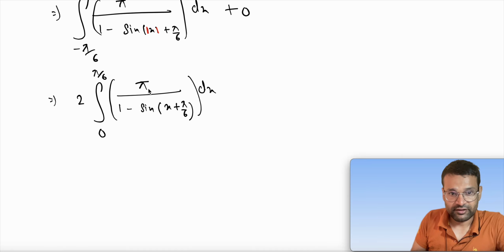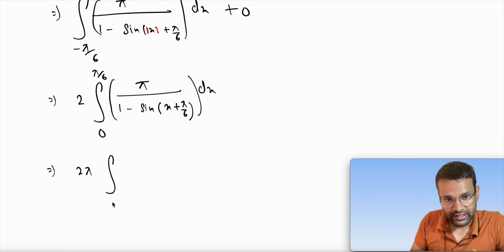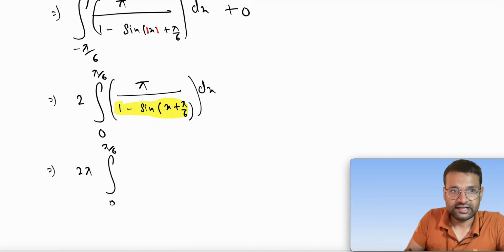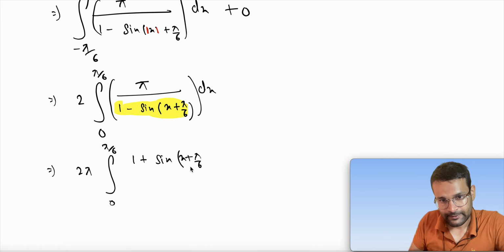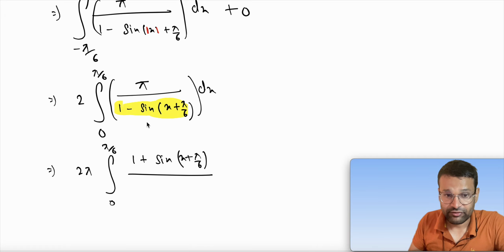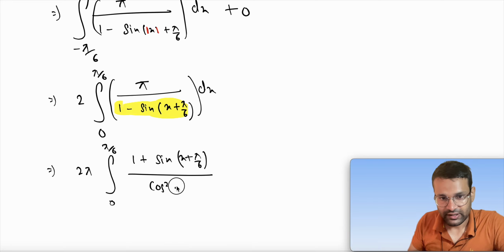This pi comes out of the integration, so it can be written like 2 pi times the integral from 0 to pi by 6. Now rationalizing this part, you get 1 plus sine of x plus pi by 6 over, in the denominator, cos squared of x plus pi by 6, into dx.